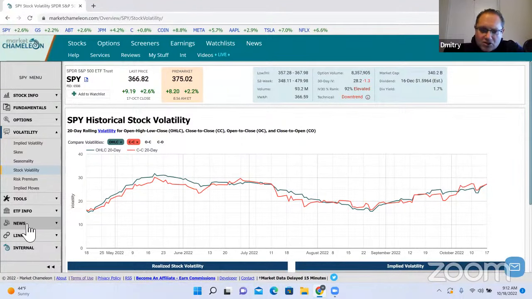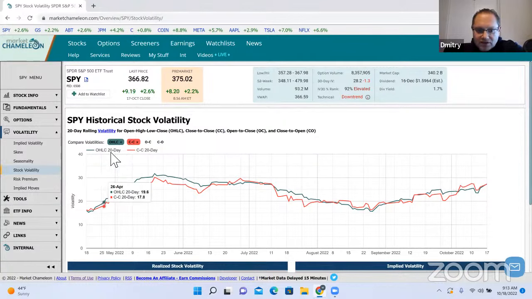Okay. The initial 2 lines that we're seeing here are using 2 different methods. One uses the open, high, low, close method, and every day, it will take 4 prices, the opening price, the high, low, and the close, and run through a formula figuring out what the volatility was.